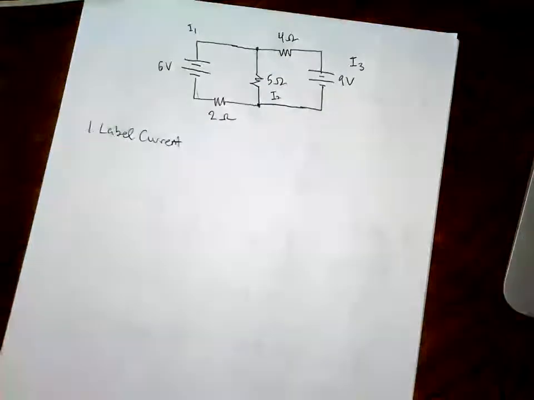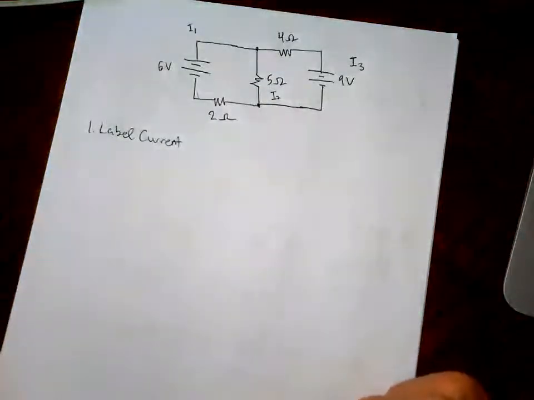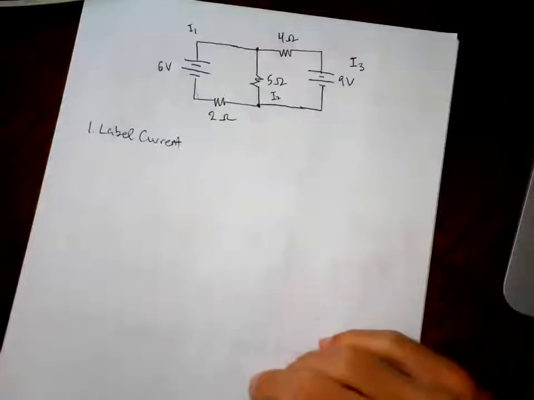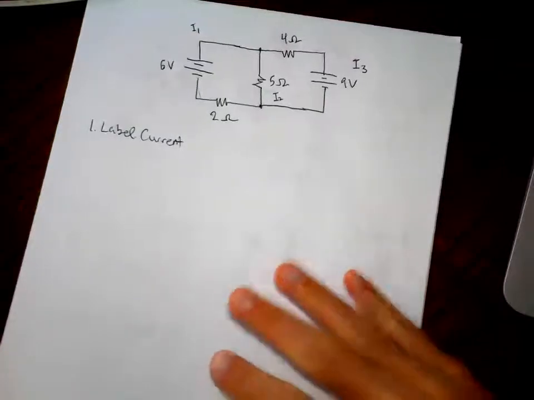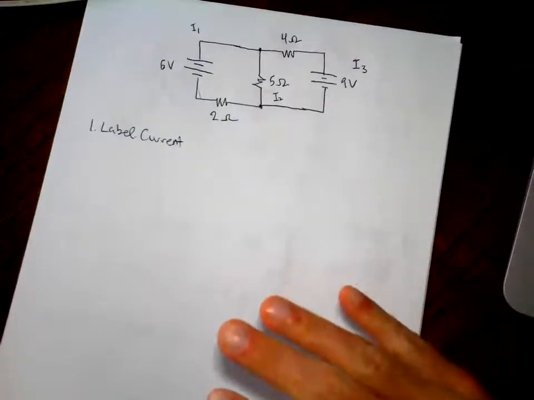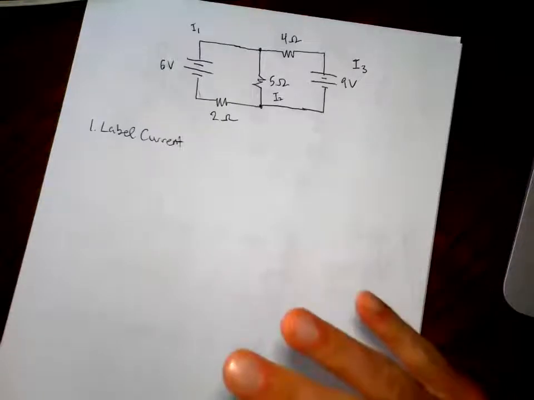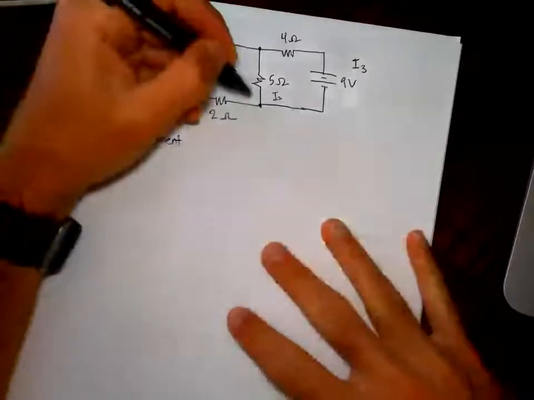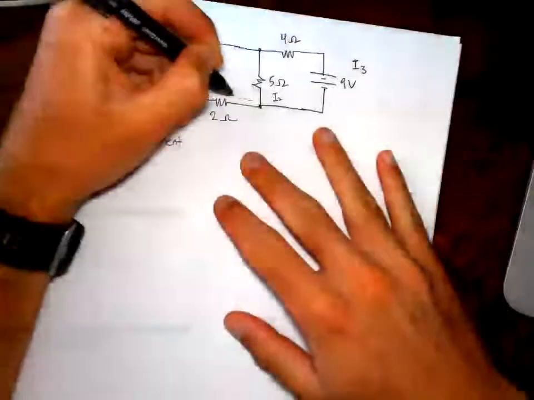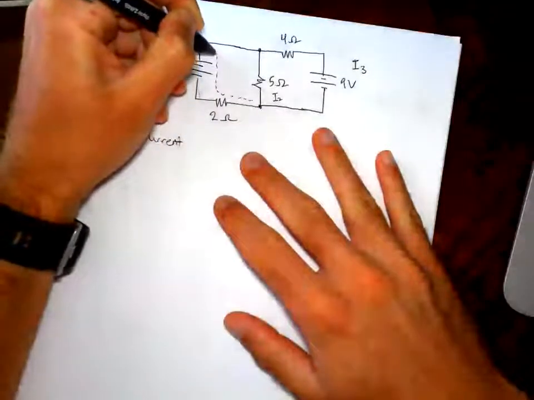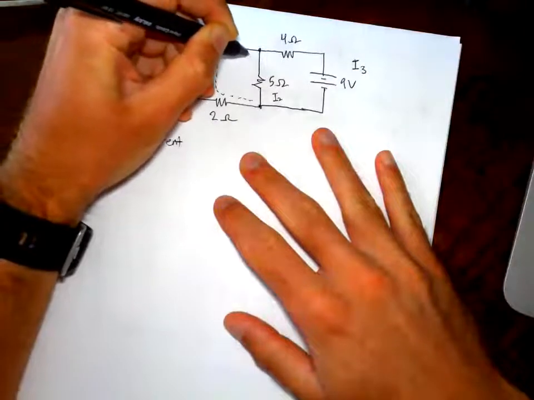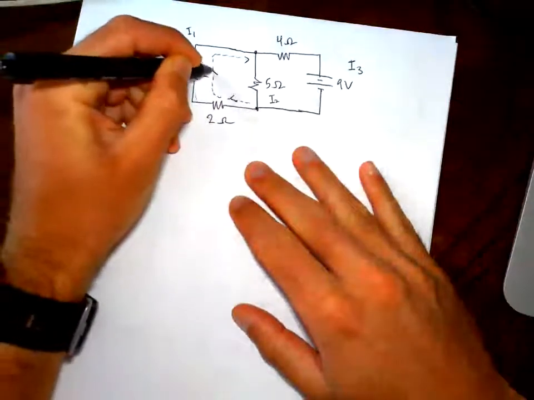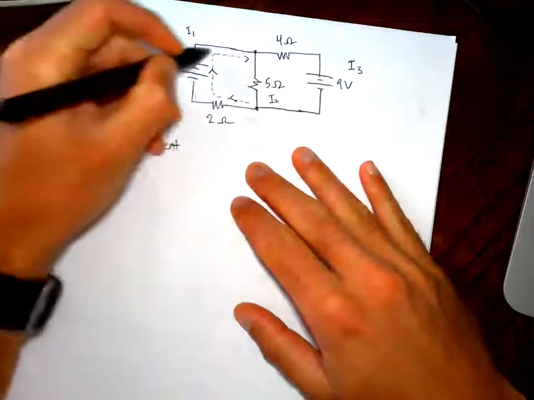okay? And I'm just going to randomly pick directions. I'm just going to guess what is the direction that the current will flow. It does not matter if you guess wrong. You just have to guess a direction for which way the current flows. So I'm going to guess that this current is flowing in that sense, so it's going around like this. So I1 is swinging around like that.